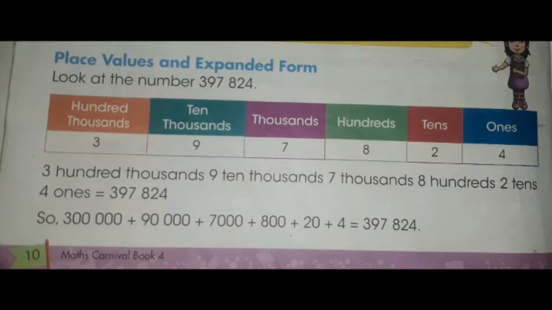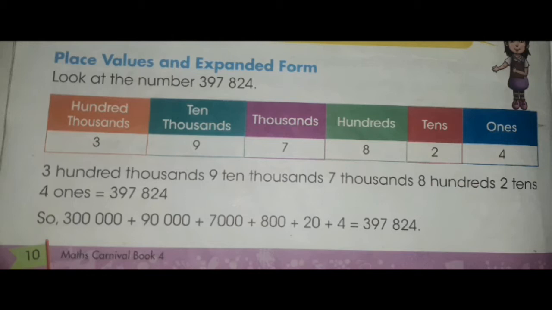On your book page number 10, here is an example of expanded form. First, look at the number. This is the standard form, and then we have to expand this number. First, a place value table has been drawn, and as we can write from right to left, ones, tens, hundreds, thousand, 10,000 and 100,000.